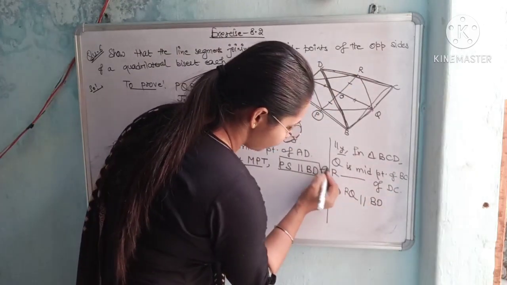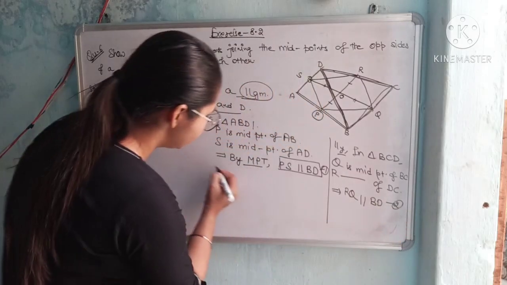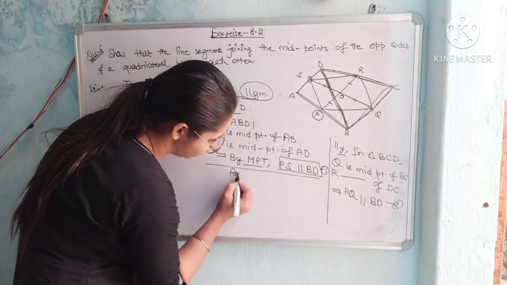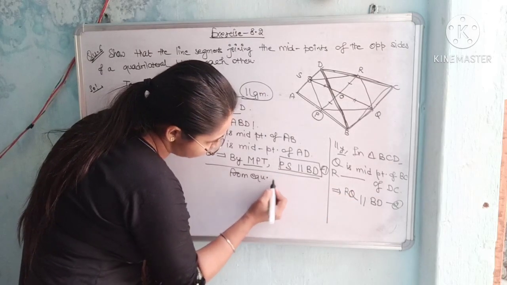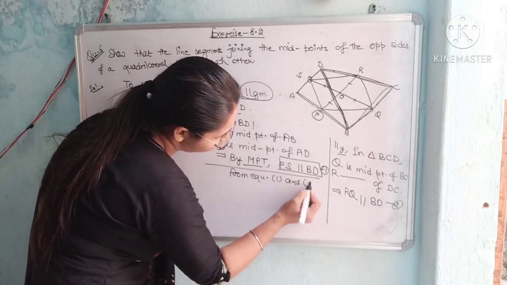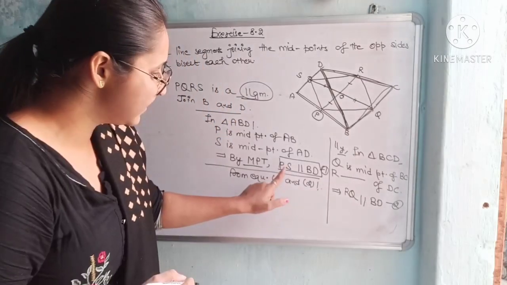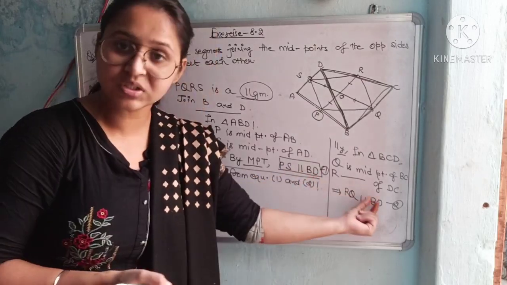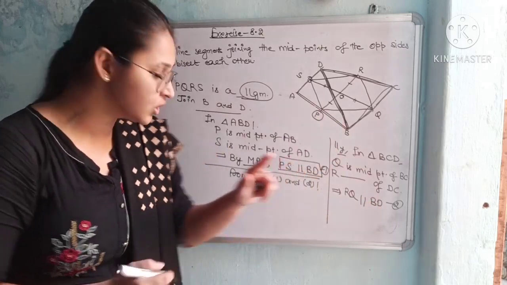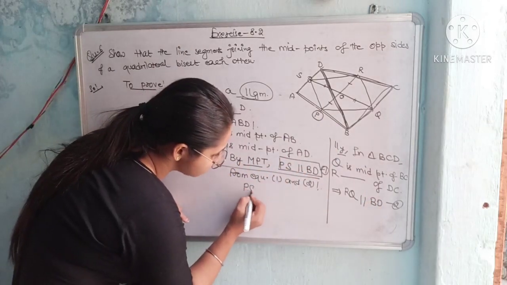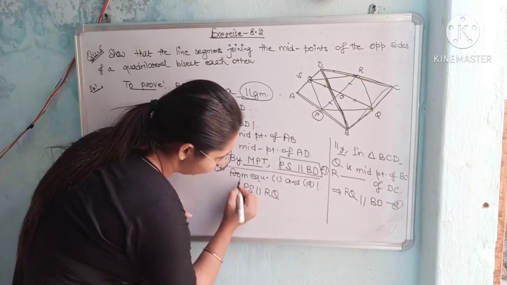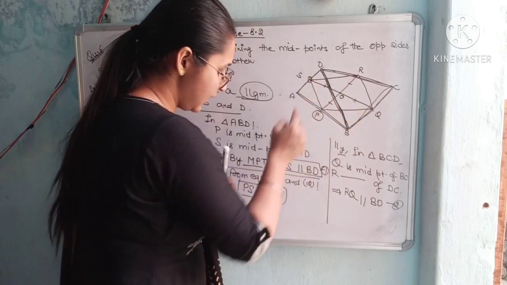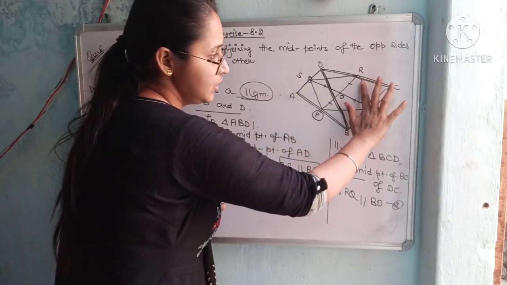Now this is equation 1 and this is equation 2. From equation 1 and 2, we are getting PS is parallel to BD, RQ is parallel to BD. It means these two lines are parallel to the same line, so they are parallel to each other. So yes, PS is parallel to RQ. That is, one pair of opposite sides of quadrilateral PQRS is parallel.